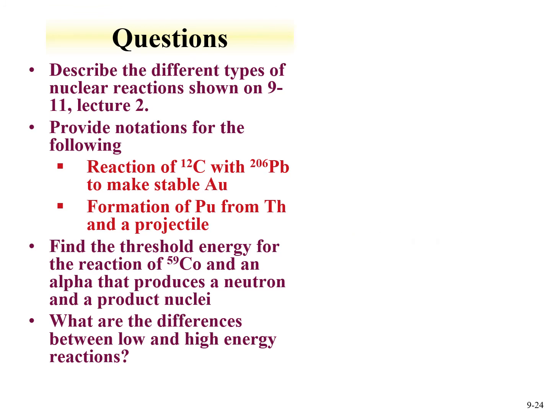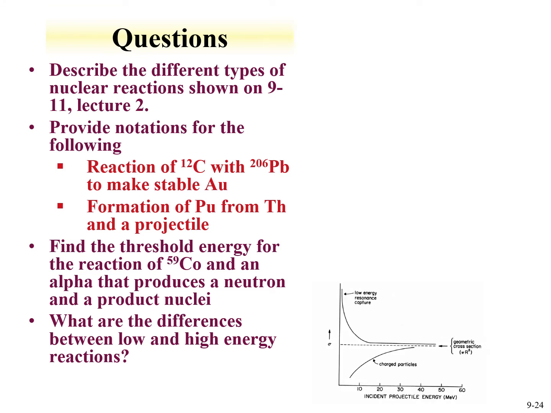And then what are the differences between low and high energy reactions? Well, one of the things with that depends upon what particles we're talking about. Often low energy neutrons have higher cross sections. They decrease and then they'll reach a constant value. Sometimes there won't be any cross section. So if you think about the fission cross section for uranium-235 compared to uranium-238, uranium-235 behavior is more like this.